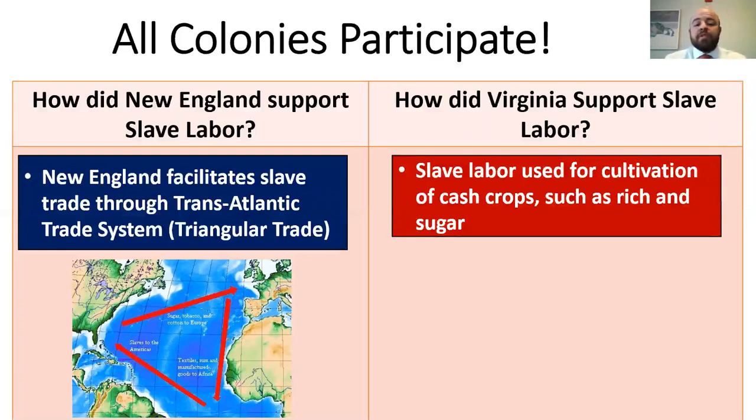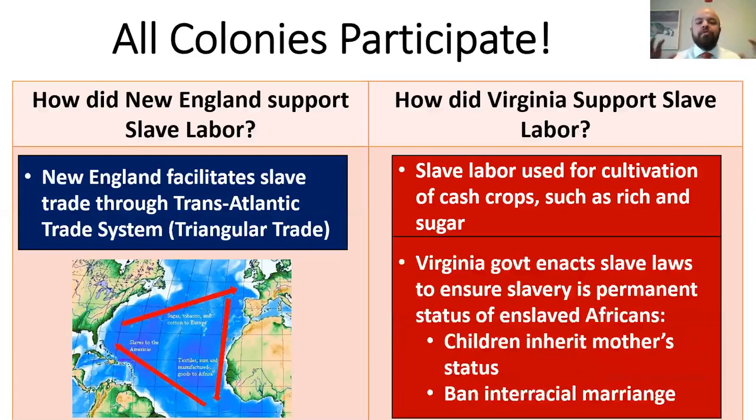Slave labor first was used for the cultivation of cash crops, especially rice and sugar. These crops were labor intensive, and so to grow them and sell them at a profit, a person needed a lot of labor. In order to codify the slavery system, the Virginia government enacted slave laws to ensure slavery was a permanent status of enslaved Africans.